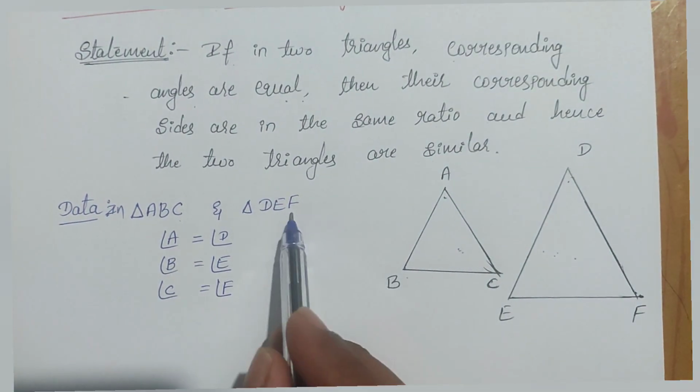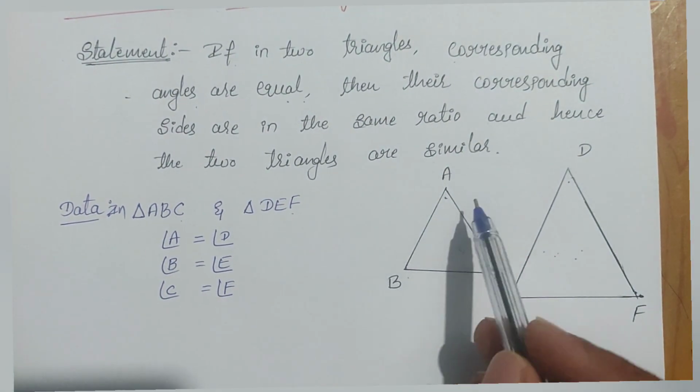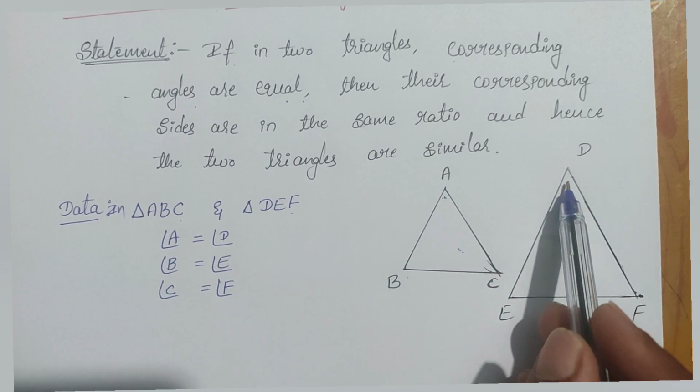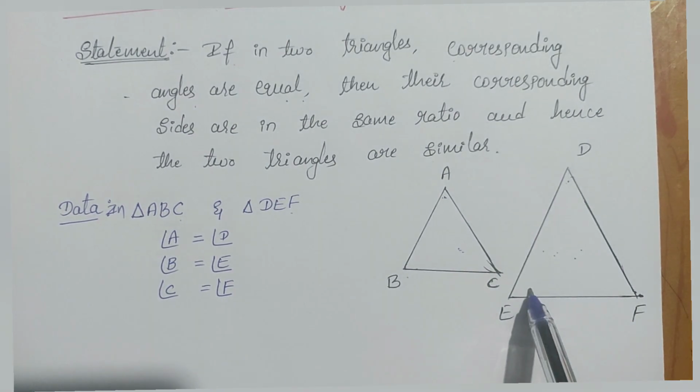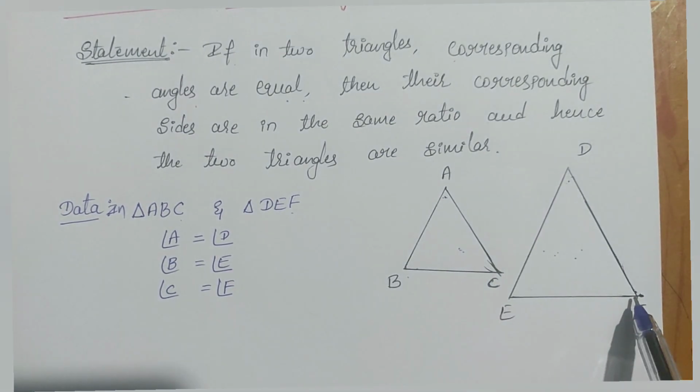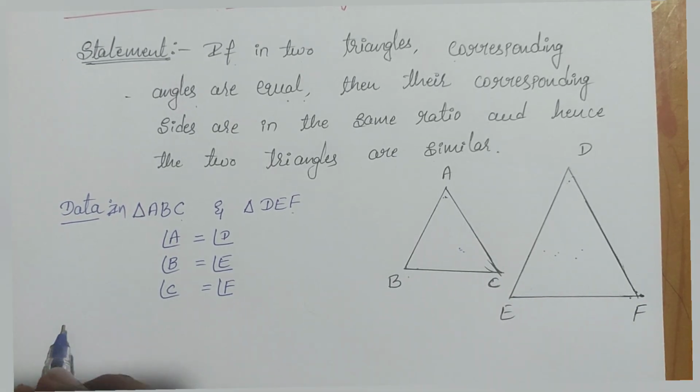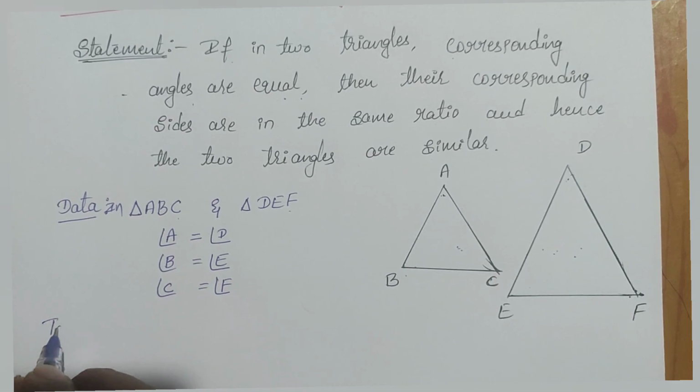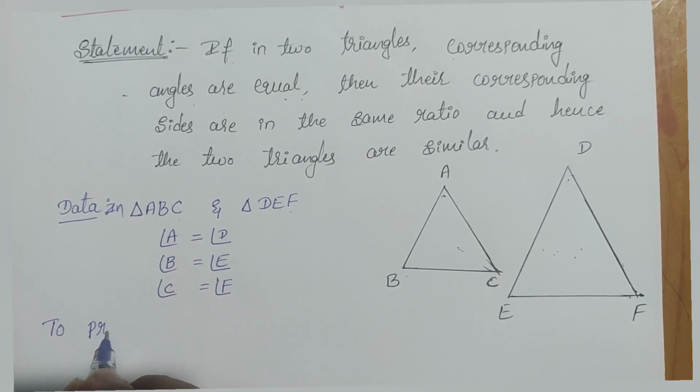We have written in these two triangles the corresponding angles. You have to observe this very clearly. Now the next step is what we have to prove, that is, to prove.